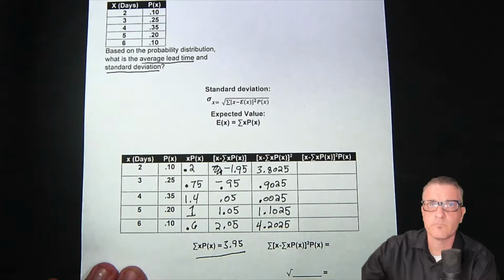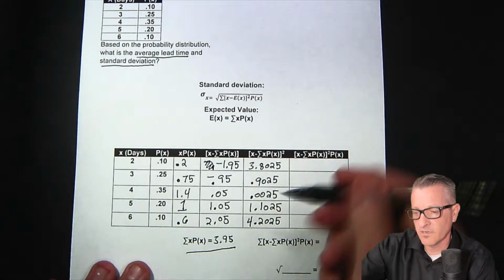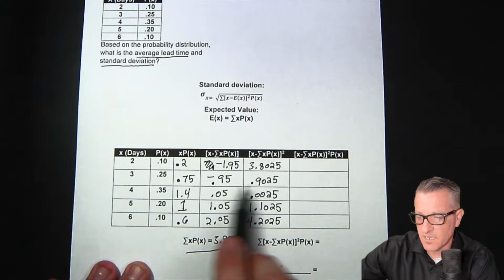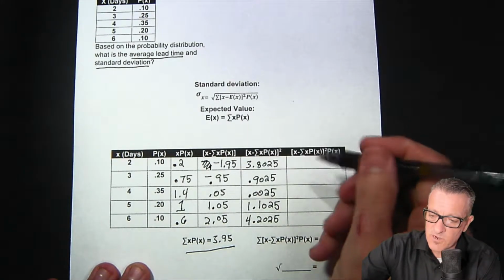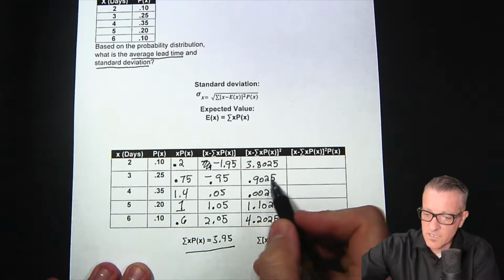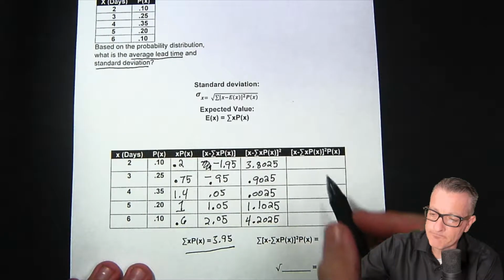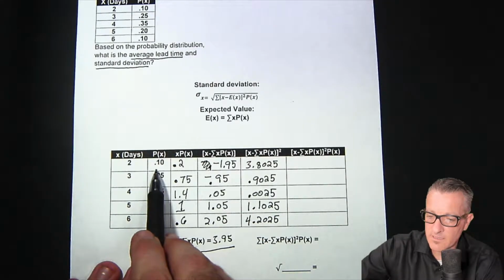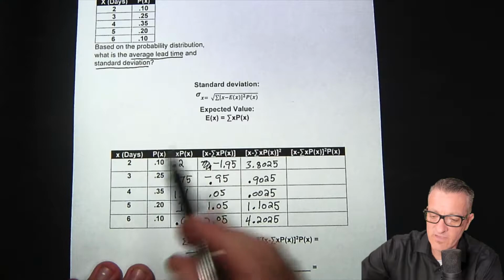Okay. So I have the values written in here. This column is now the squared values of each one of these beside it. And then the last column, all that we're doing is taking these values and multiplying them by the probability factor, or the probability value.